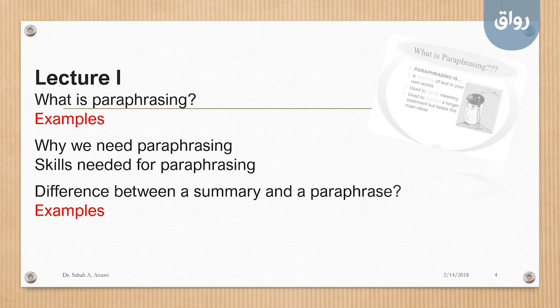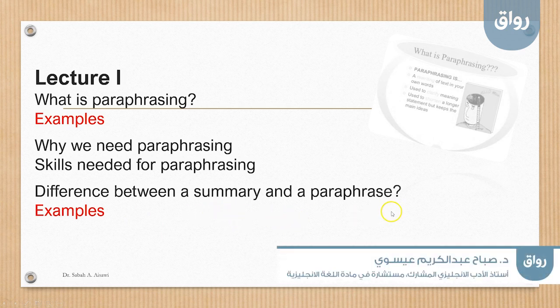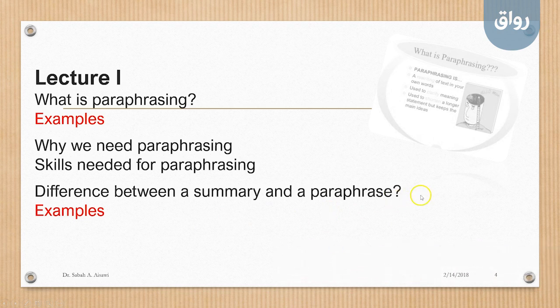You need language in order to express other people's ideas in your own words. Then we had a look at the difference between a summary and a paraphrase, both being skills that are used by researchers. And the third way of note-taking is quoting. I'll explain that in detail in a minute. And then we've seen examples of each one. You can refer to lecture 1 to see the examples in detail.